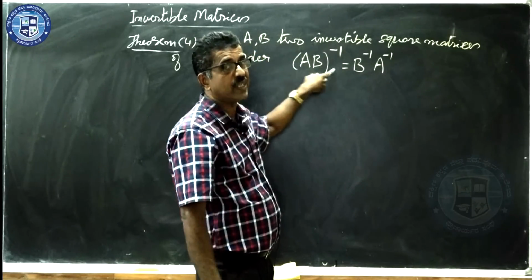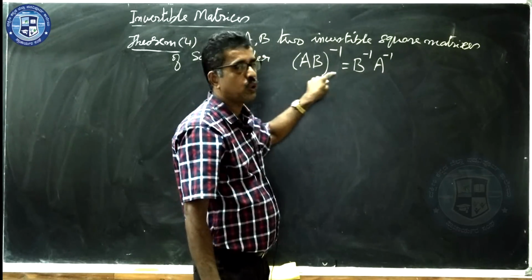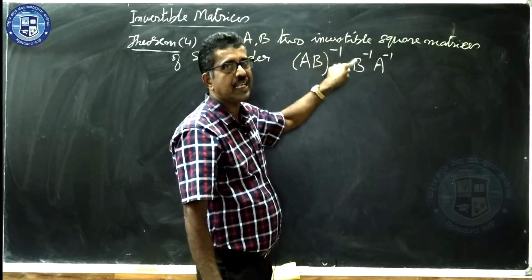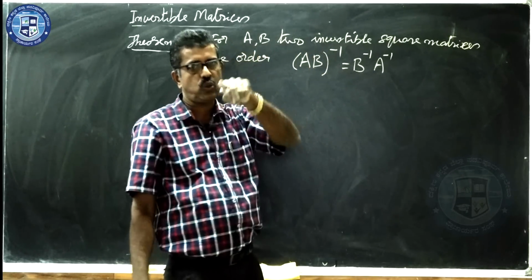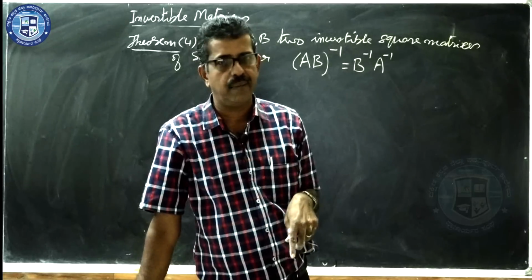It need not be A inverse into B inverse, but this is always true. (AB) inverse is equal to B inverse into A inverse. This is also likely to be asked for 3 marks in examination.